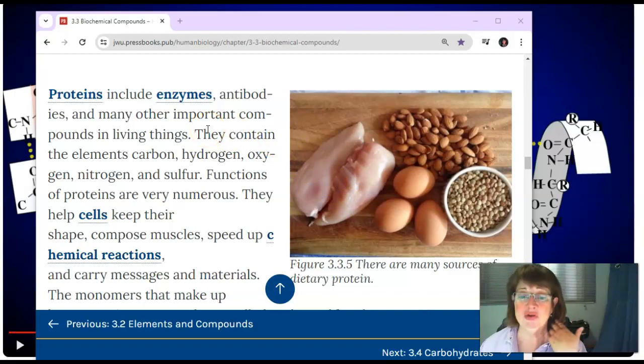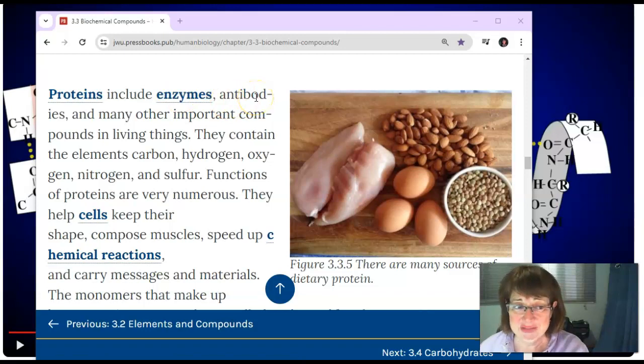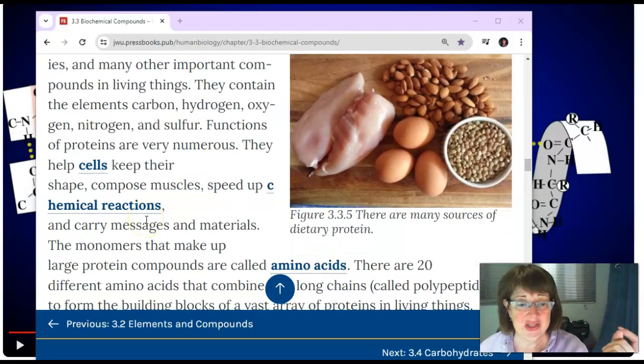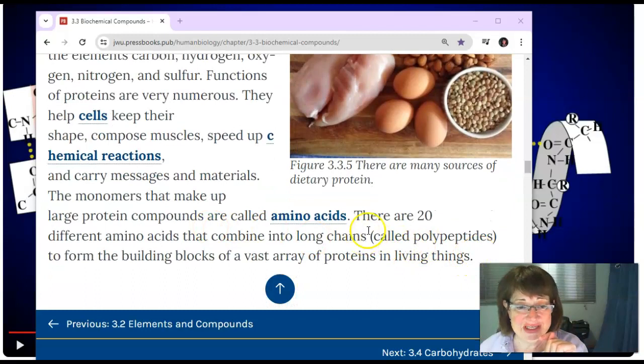Your hair is protein, your skin is protein, and proteins will also make up enzymes, which are chemicals that make reactions occur faster, antibodies, which help fight disease, and they are also used in speeding up chemical reactions. So we will look at that later. And just to reiterate here from the textbook, there are 20 different amino acids that combine into long chains.